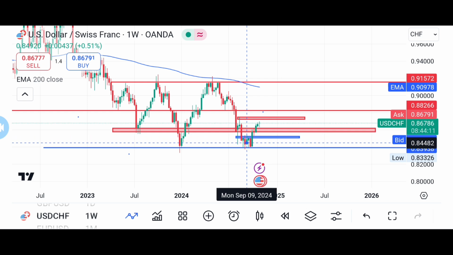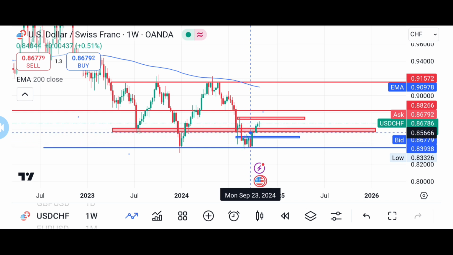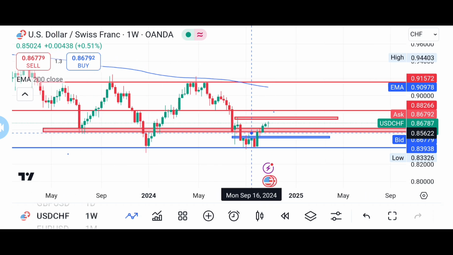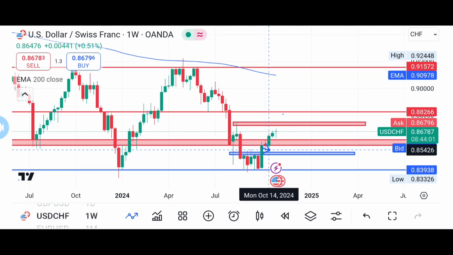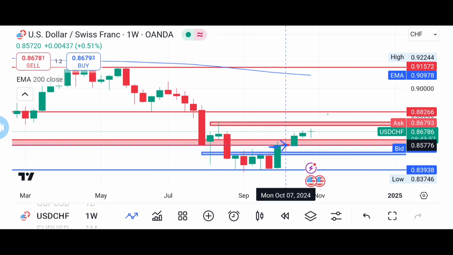We expected that if buyers come to this zone, we shall see a resistance here. For the matter of fact, you can see this candle showed there was a resistance before buyers took control and broke that candle with a body.